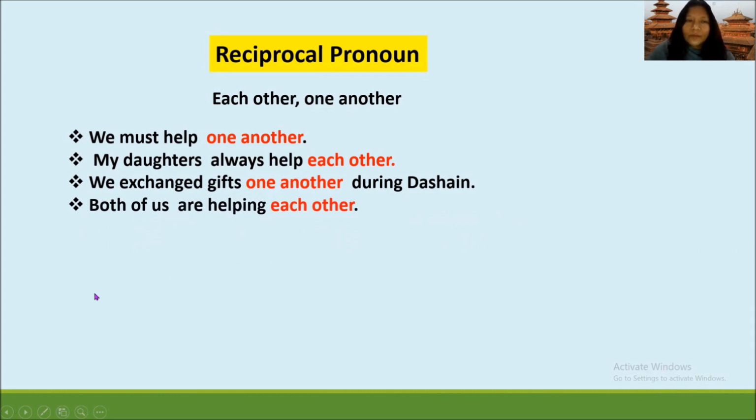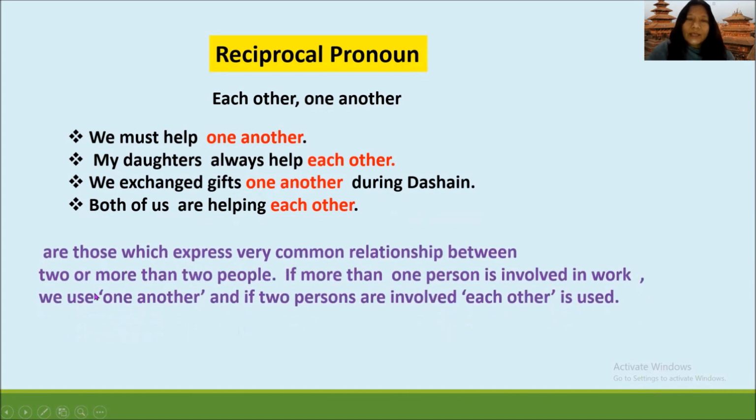So reciprocal pronouns express a very common relationship between two or more than two people. Once again, reciprocal pronouns are each other and one another. One another is for more than two people, and each other is used for two people.